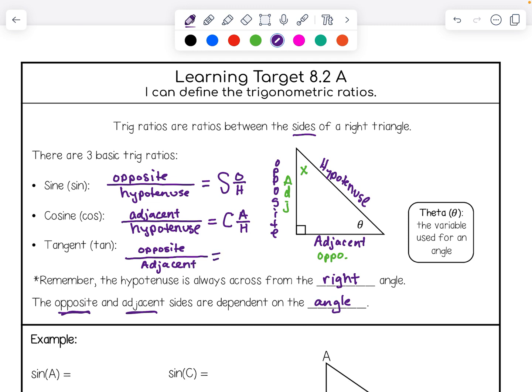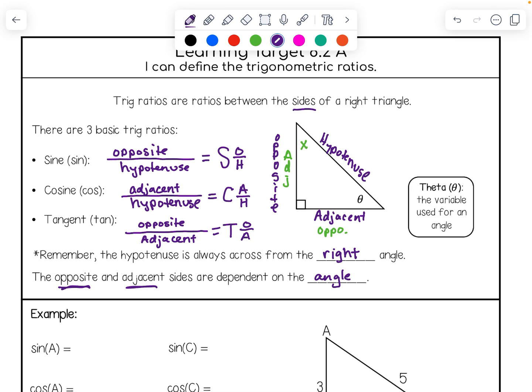We remember that as T, and then O over A. So the saying that you will always use to help you remember is SOH CAH TOA. Sine is opposite over hypotenuse. Cosine is adjacent over hypotenuse. And TOA, tangent, is opposite over adjacent.